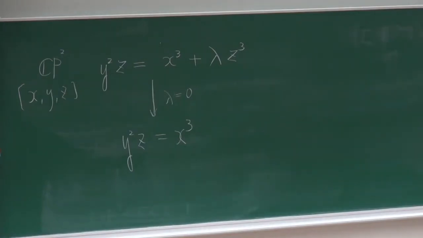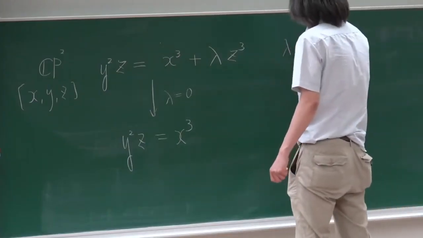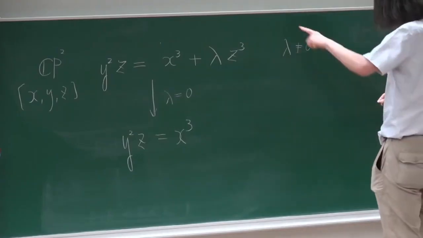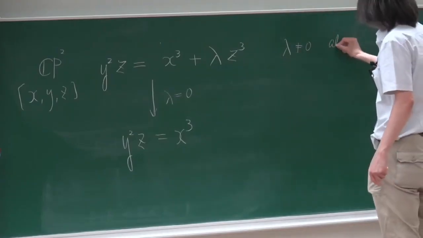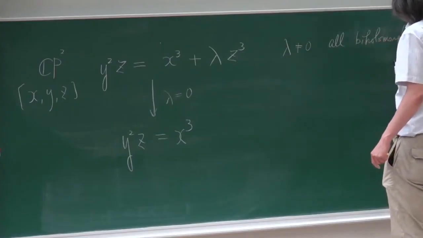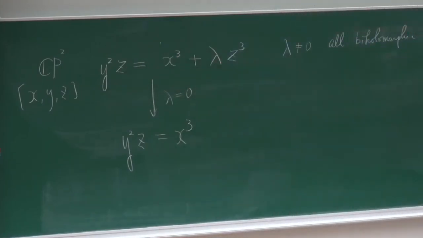But if lambda is non-zero, they are all biholomorphic, just changing the coordinates by multiplying some constant to the coordinates. Actually, they transform into each other, so therefore they are all biholomorphic.